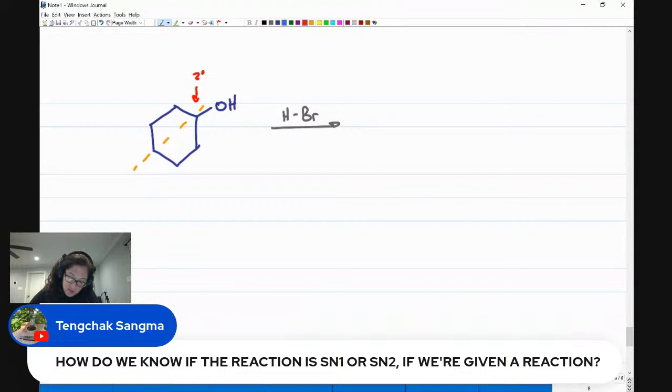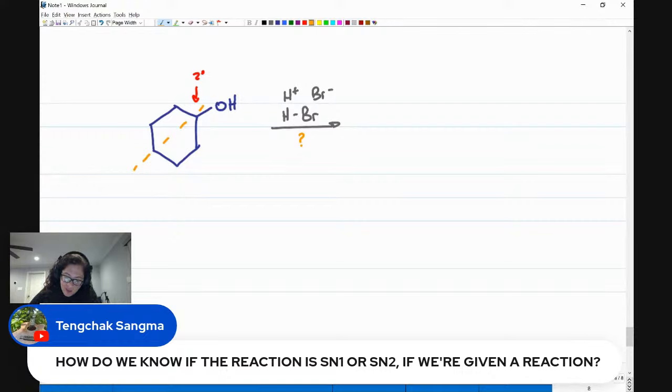HBr is really just an H plus and a Br minus. It can separate. And if it separates, my Br minus could be a good attacker depending on the situation. My solvent is not given, so we're going to ignore the solvent. Your professors will often skip that.